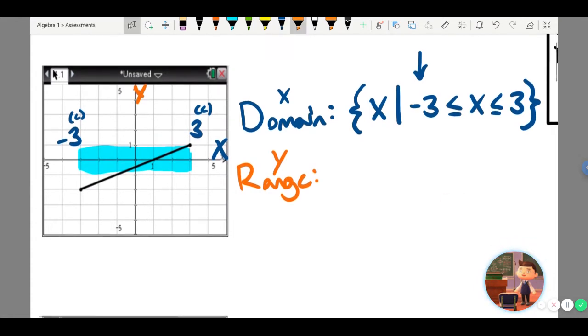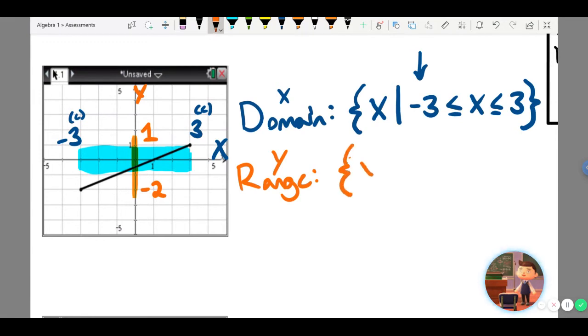Okay. We're going to do the same thing for the range. We're going to find the biggest y value this time of my range, and I'm going to use the y-axis as a little ruler here. The biggest y value that I see is at +1, and the smallest y value that I can see from this graph is at -2. Okay. So if we highlight this section, you can see that I'm using the y-axis as a ruler once again.